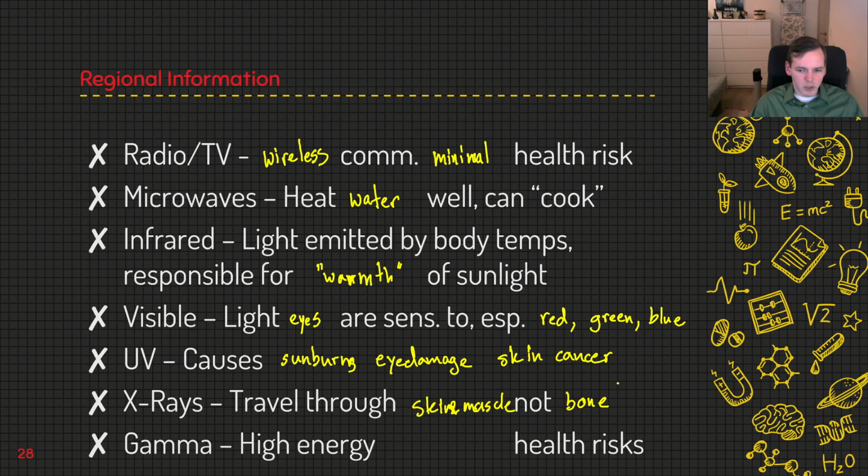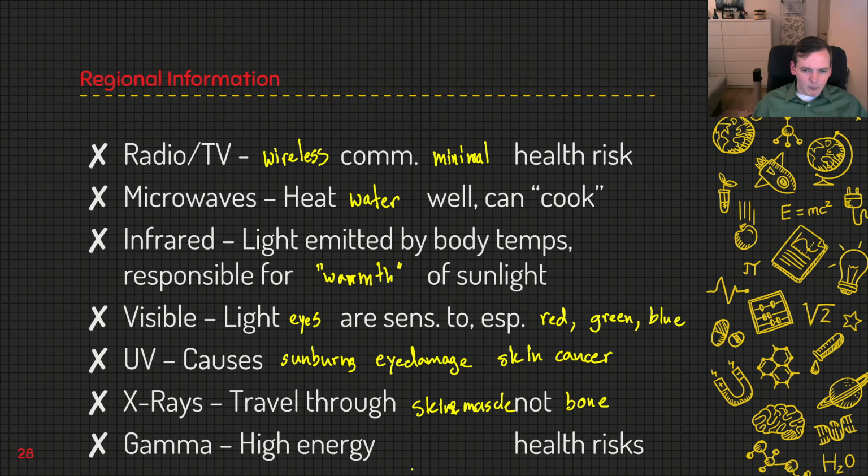That's how we use X-rays to take pictures of inside your body without actually opening you up. And that's also why X-rays are only really useful for taking pictures of bones. If you want to take pictures of other things, you have to use other methods.